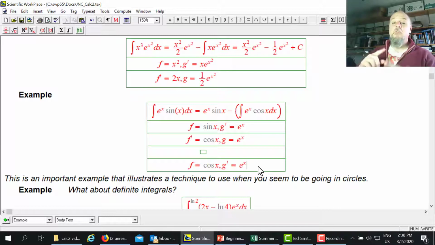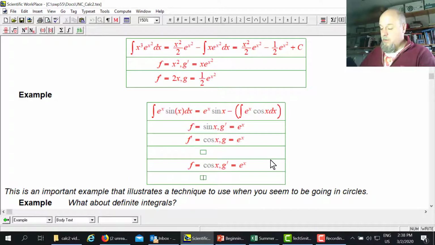If you pick the other way, if you decide to switch it up, if you differentiate the e to the x and integrate the sine, what will happen will be your whole equation cancels out to get 0 equals 0, which isn't wrong. 0 does equal 0. It's just not helpful. So I'm choosing to be consistent. I'm differentiating the trig, and I'm integrating the e to the x.